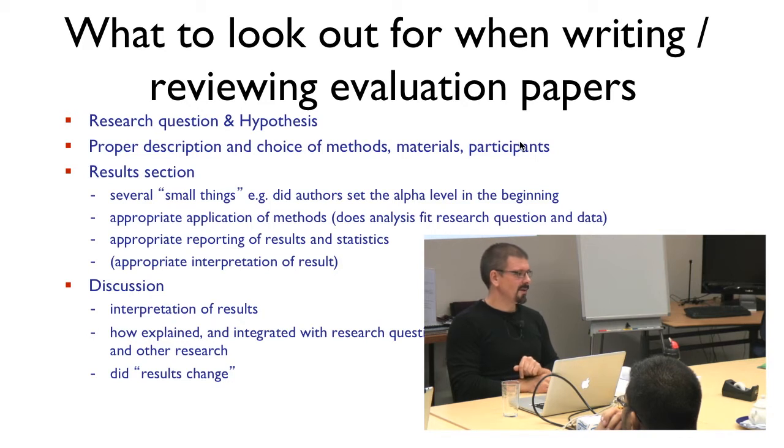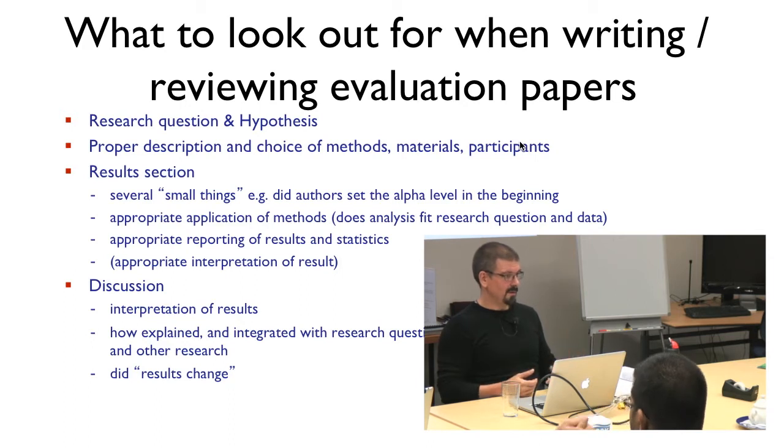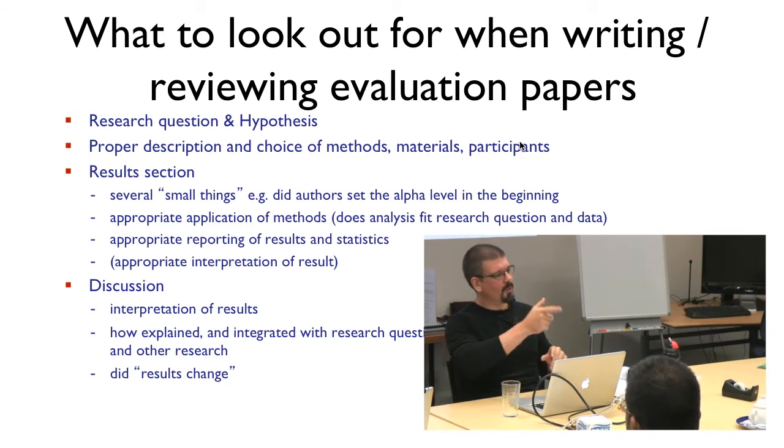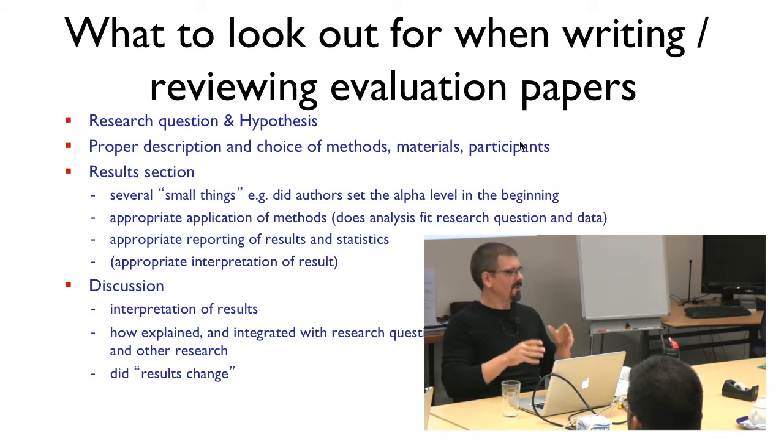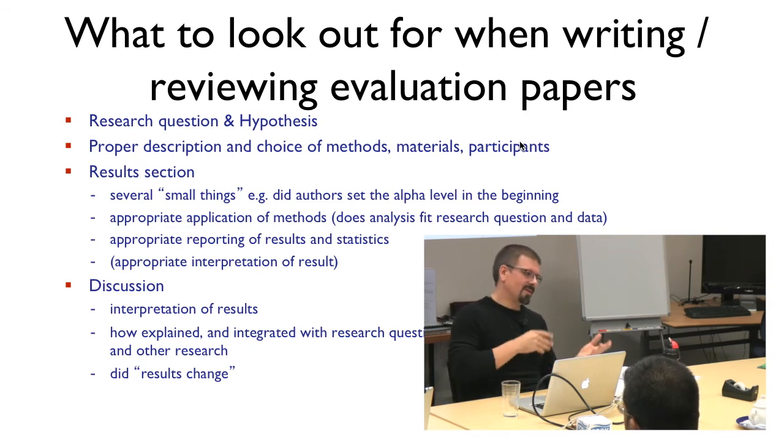sometimes authors get quite enthusiastic and tend to oversell what they found. Sometimes what happens is authors didn't find a significant result, but it was almost somewhere there. There was a trend, and well, that's fair enough. They can say, okay, we didn't find a significant result, but there was a trend. Well, there are discussions: are you allowed to do that?